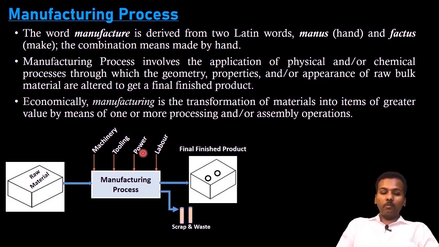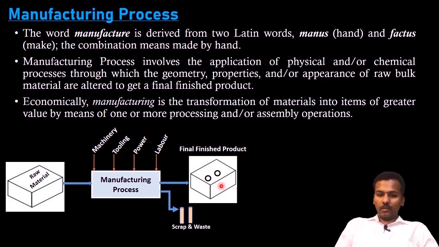So there is always some energy required, and that is power. Tools are required to create the hole as in this example, or for finishing purposes. So these are certain elements that come together and make the manufacturing process.